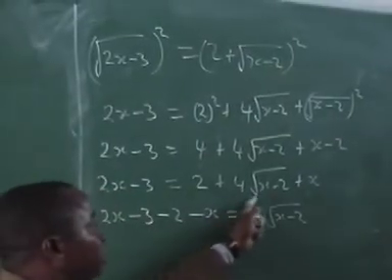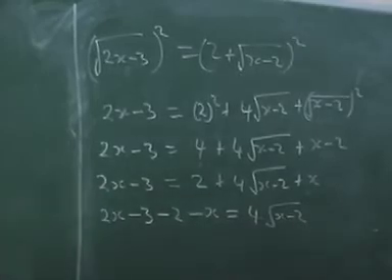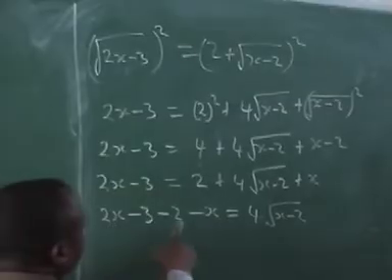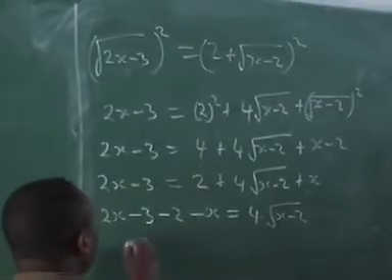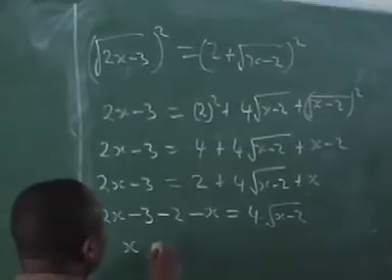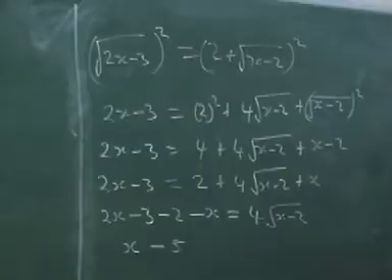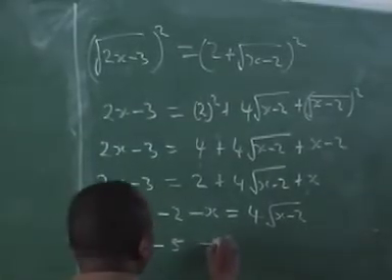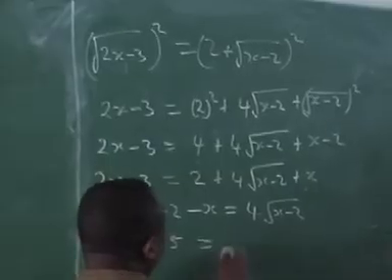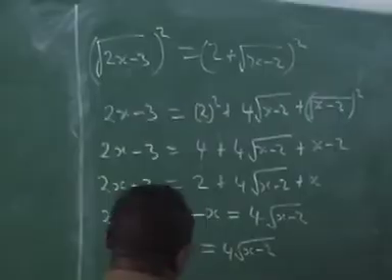We cannot take this one now because it is joined with this. So if we do that, we have 2x minus 1x, which will give us x only. So x minus 5 is equal to 4 square root of x minus 2.